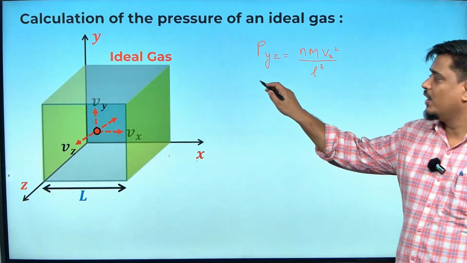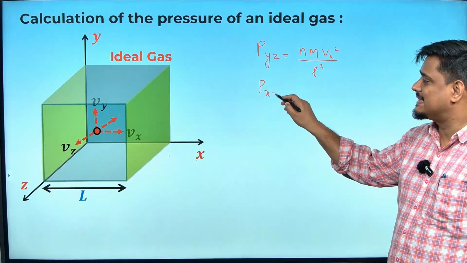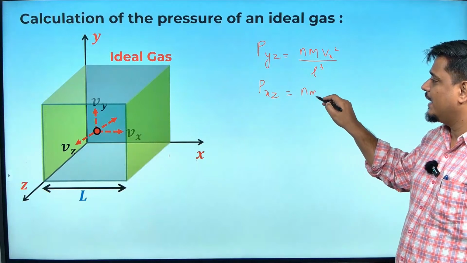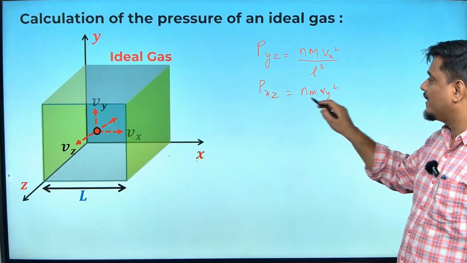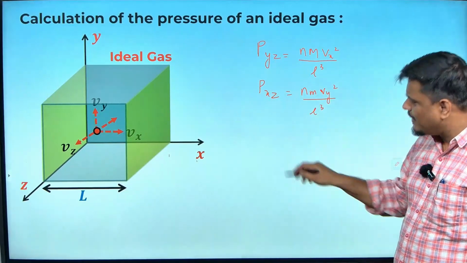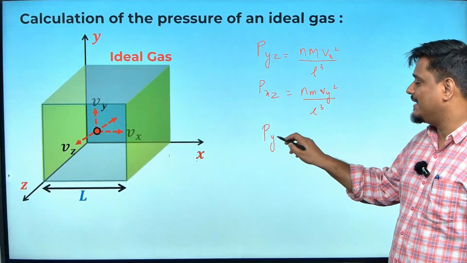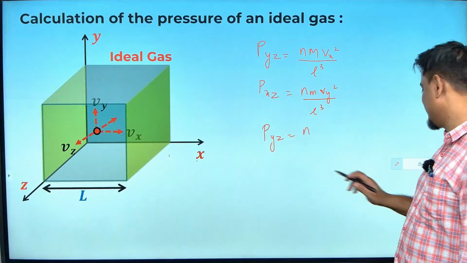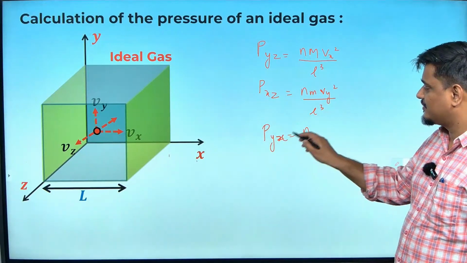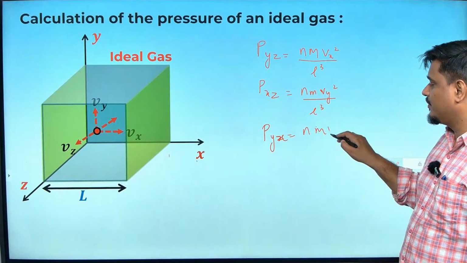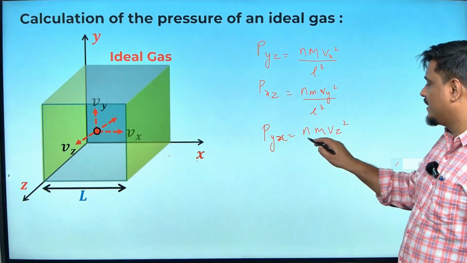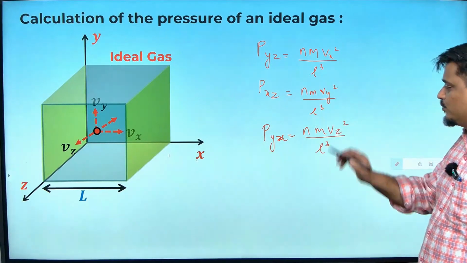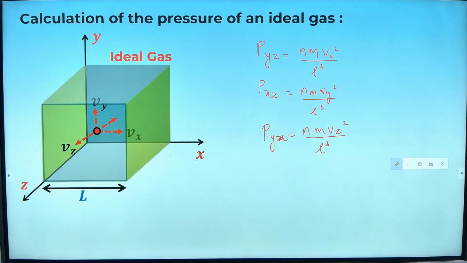Same way, you tell me what will be Pxz. Don't you think it will be nm Vy square by L cube? And with the same derivation, Pxy will become equal to nm Vz square by L cube. I hope you are agreeing with me.